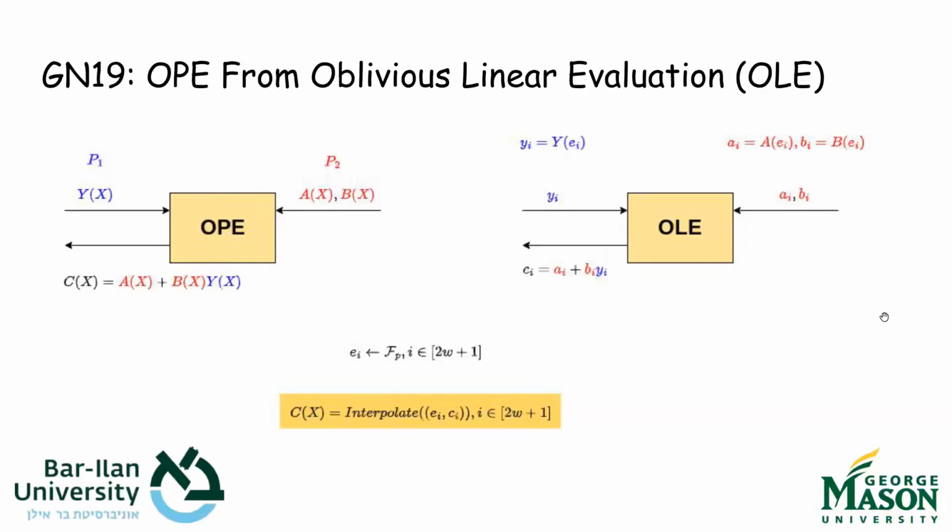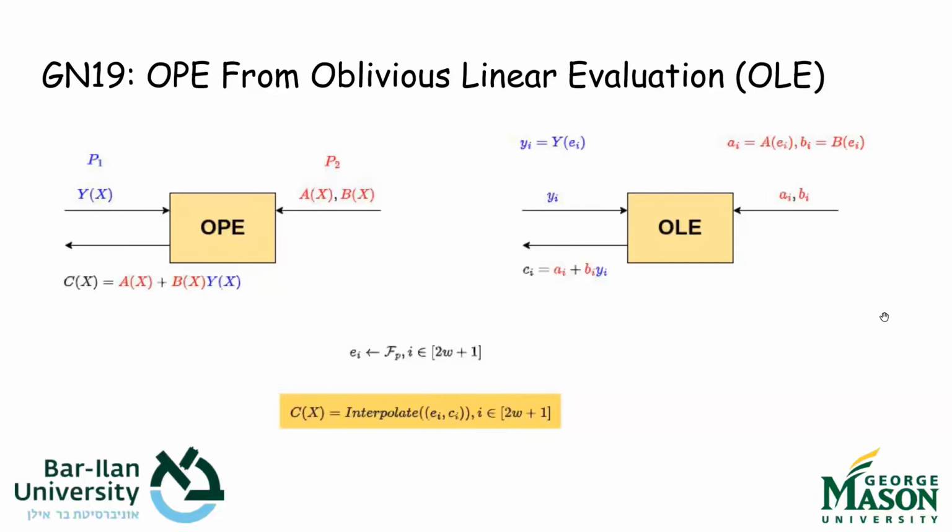Let Y_i, A_i, B_i be the evaluation of Y, A, and B at the point E_i. Then the two parties make an OLE call on the inputs Y_i, A_i, B_i, where P1 obtains C_i equal to A_i plus B_i multiplied by Y_i. After 2W plus 1 calls to the OLE, P1 can recover C(x) by interpolating the polynomial of degree 2W over the points E_i and C_i.